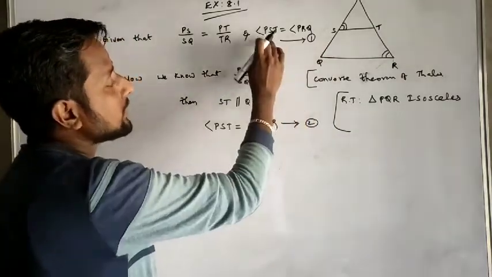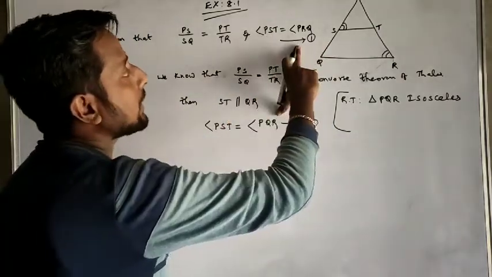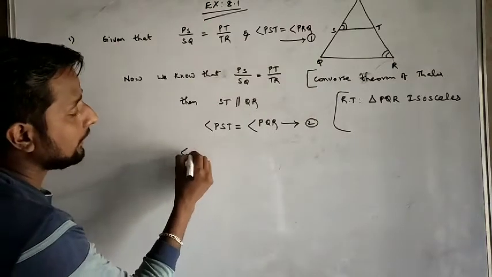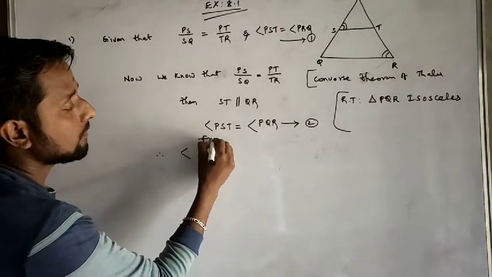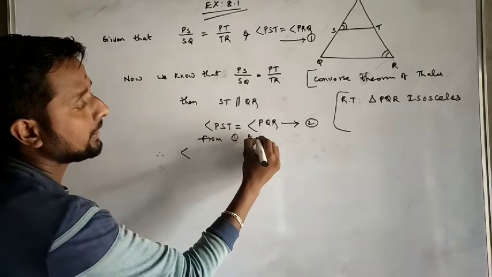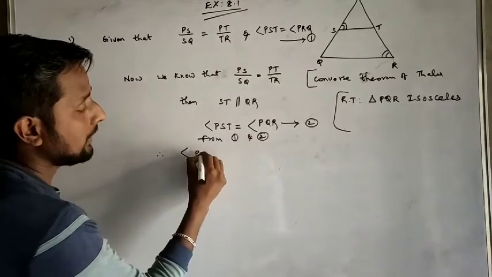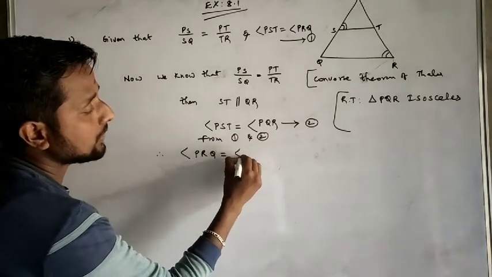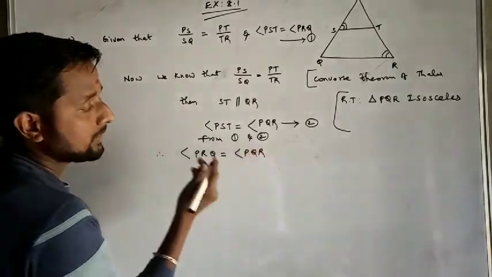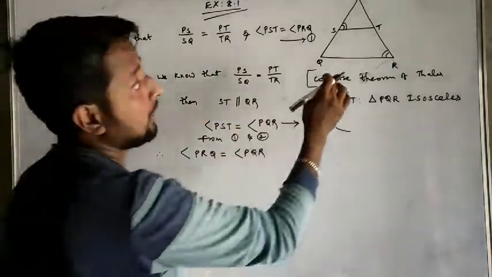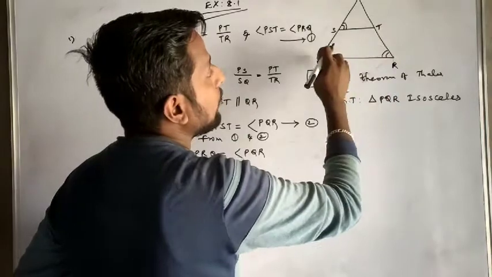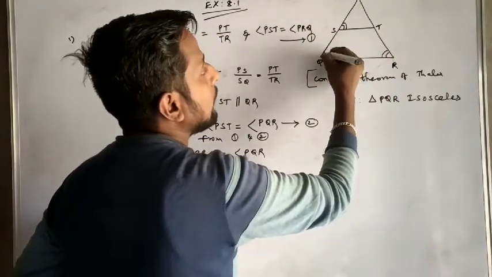From 1 and 2, angle PRQ is equal to angle PQR. Just look at it: PRQ and PQR, these angles are also equal.